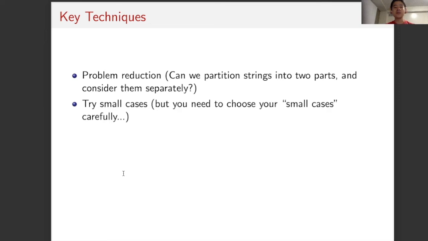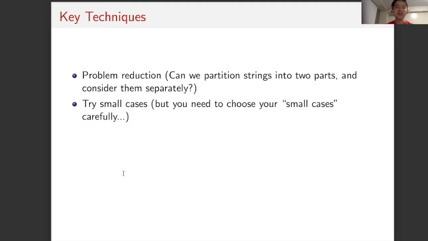The second one is to try small cases. From what I showed you just now, the numbers 2, 3, 4, you probably would notice that these are not the small cases that you want to work with. The context is that when solving combinatorics problems, one of the tricks people would tell you is to just try some small cases, see what the patterns are and how you can generalize.